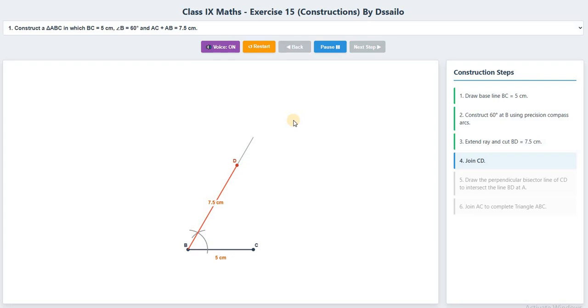Join CD. 5. Draw the perpendicular bisector line of CD to intersect the line BD at A. 6. Join AC to complete triangle ABC.